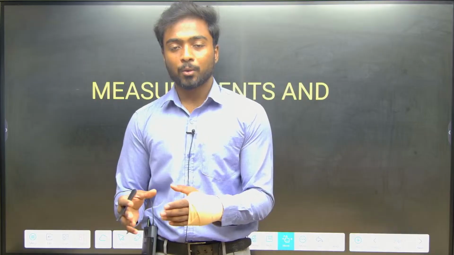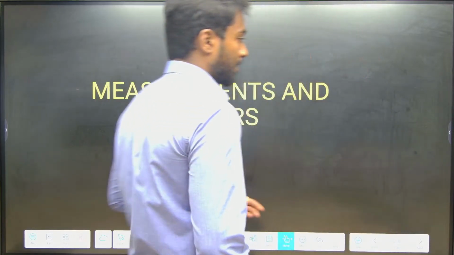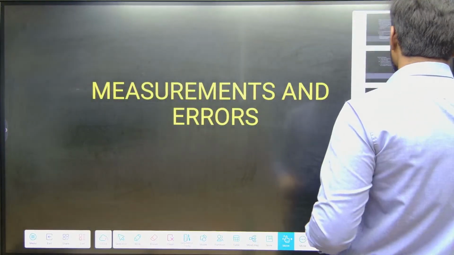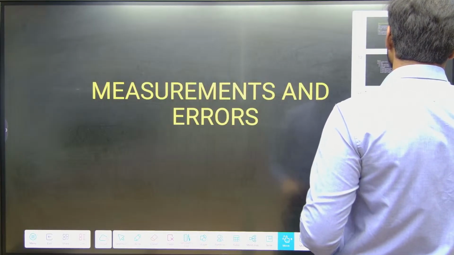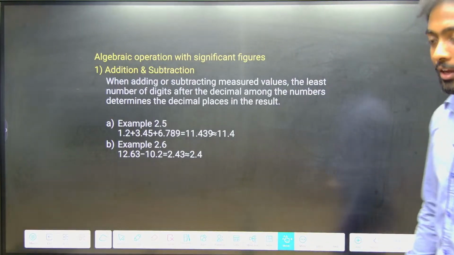This is what we learned in the last class. The next thing we are going to see is algebraic operation with significant figures.